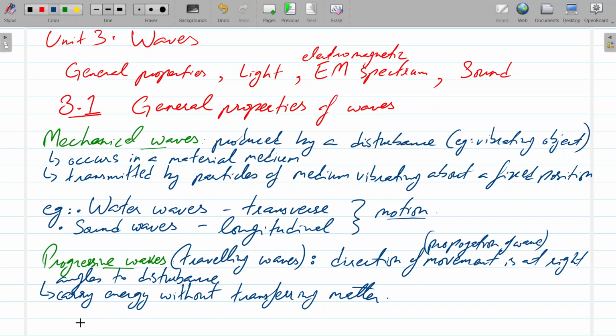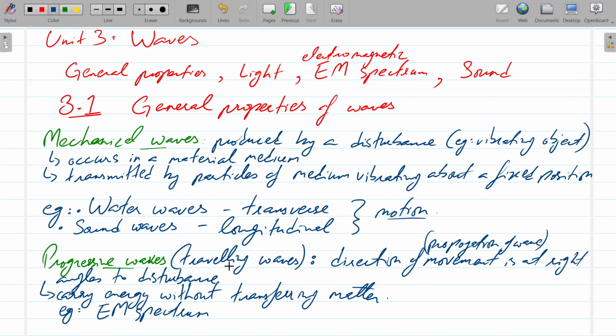Examples of progressive waves are waves of the electromagnetic spectrum, which include light, because they can travel in vacuum where there are no air particles or anything else. So they don't need material to move. Whereas water waves, water is matter itself. Sound needs matter to travel, and that's why sound does not travel in vacuum. So in space, you cannot hear sound.